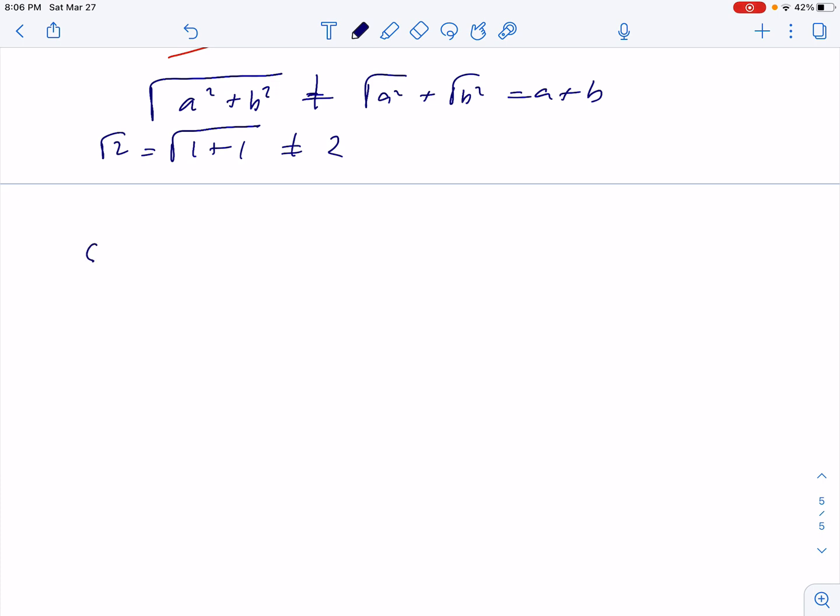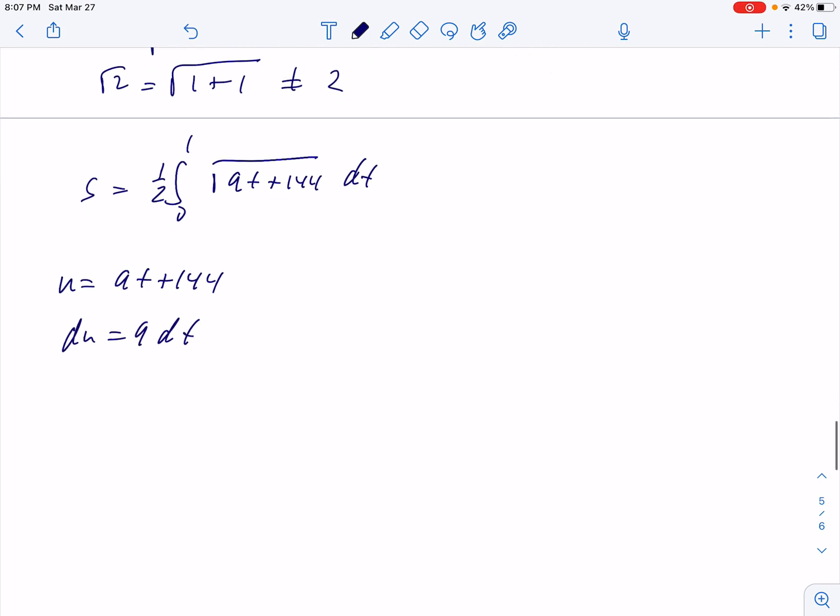Continuing this work, here again our arc length is 1/2 times the integral from 0 to 1 of the square root of 9t plus 144 dt. To solve this integral, we make a simple substitution. u is 9t plus 144, du is 9 dt, dt is 1/9 du.